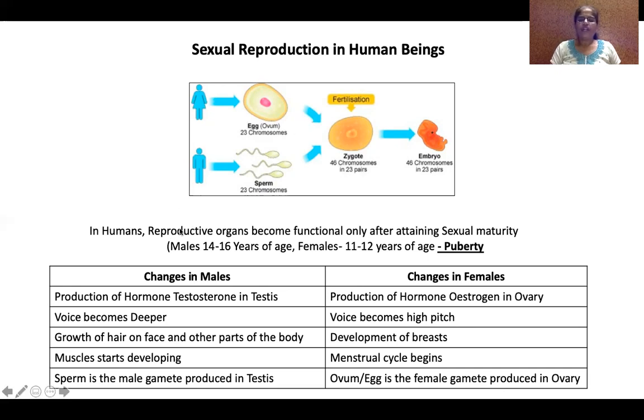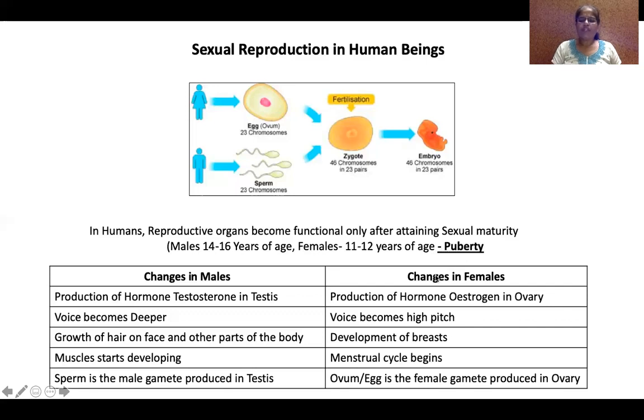In humans, reproductive organs start functioning only when we attain a certain age, that is, when we attain sexual maturity. For males, it will be between 14 to 16 years of age, whereas for females 11 to 12 years of age. That age where females and males attain sexual maturity is called puberty. It happens during adolescent age. That period of sexual maturity is called puberty.